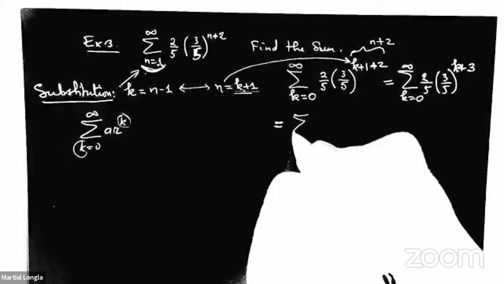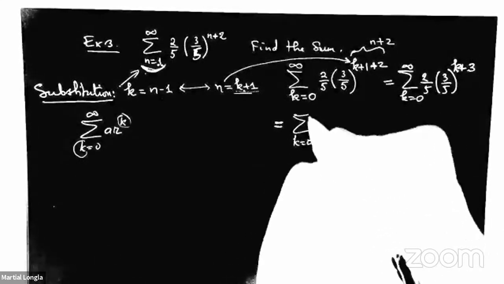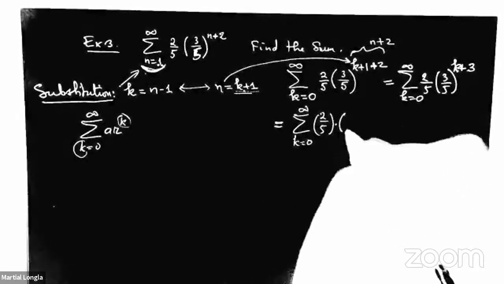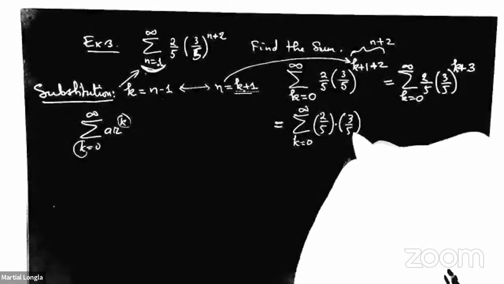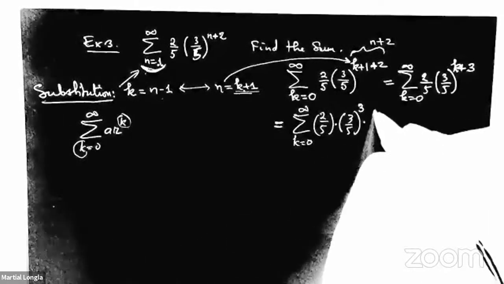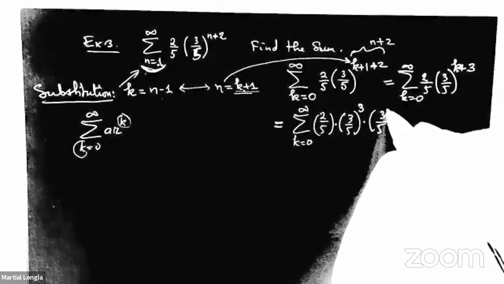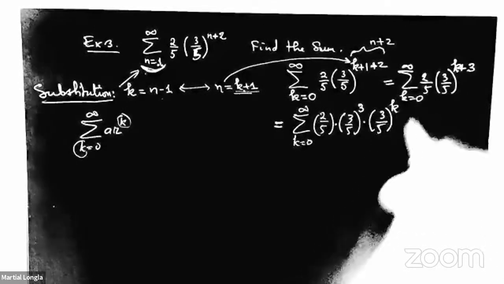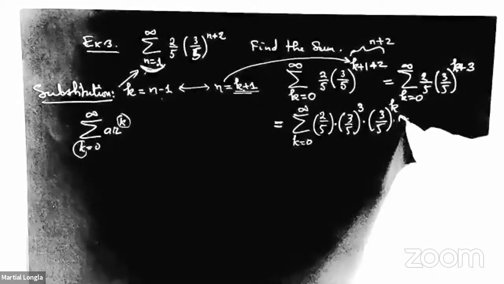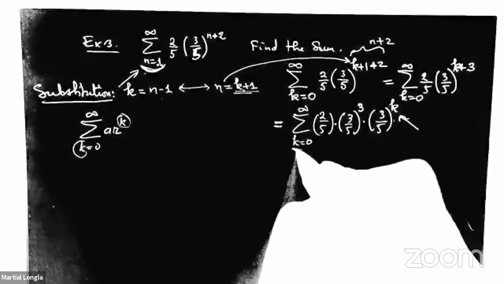So I'm a sum k from 0 to infinity 2/5, and then I take 3/5 to the power 3 off of that, and I'm left with 3/5 to the power k, and this is what I want. I want power k, and I want to have k here.